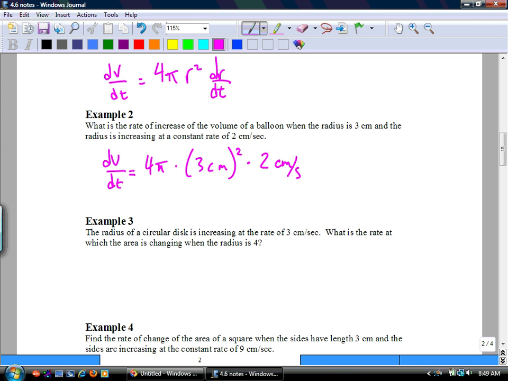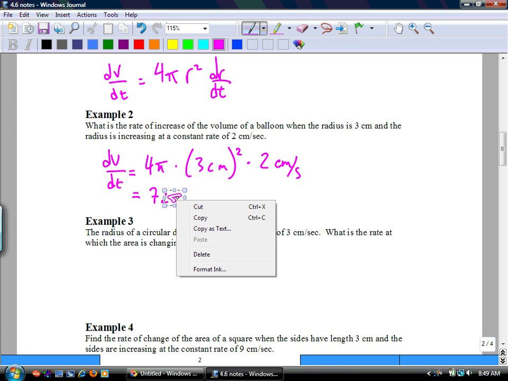We tend to leave pi in our answers. We don't work them out as decimals. So 4 times 3 is 12, times 3 is 36, times 2 is 72. 72 pi.